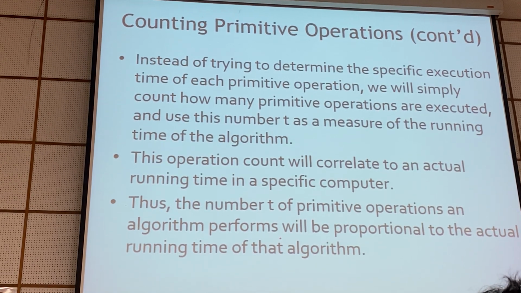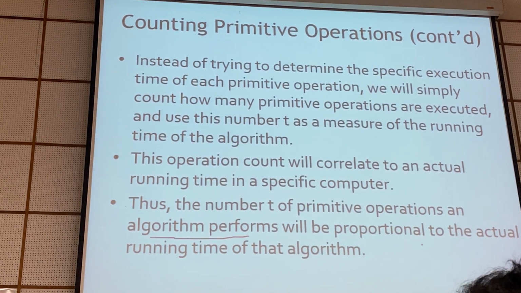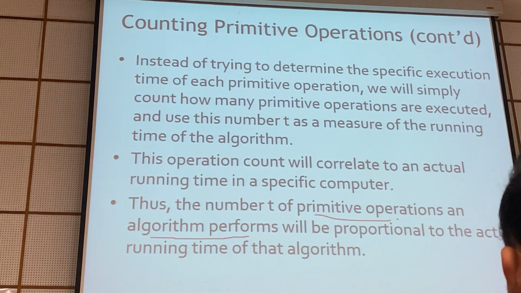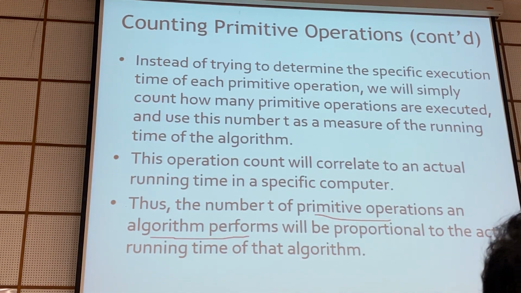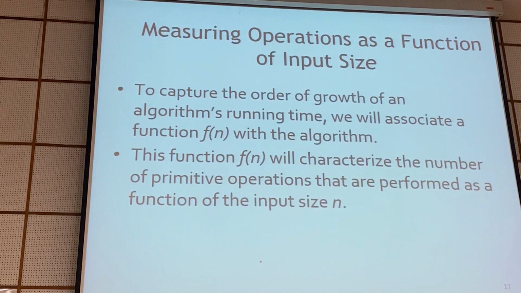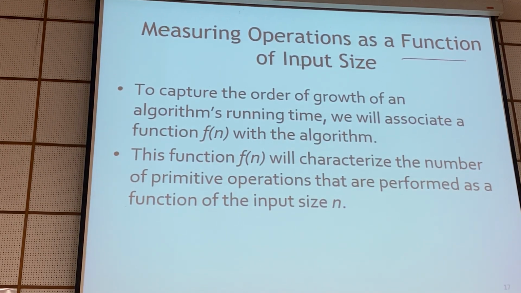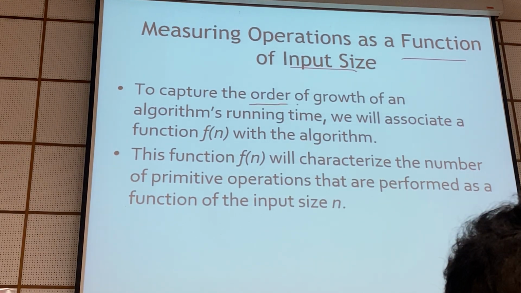Now, what we're going to do is measure the algorithm performance using the number of primitive operations available in the code, because it's proportional to the actual running time. So now we're going to measure in terms of a function of input size to capture order of growth.